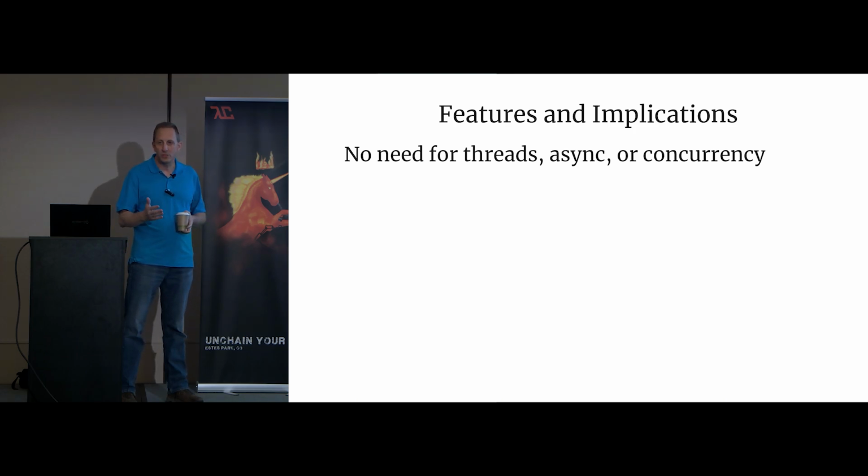And there are no annotations. There's no deadlock, no semaphores, no mutexes. None of the garbage of async stuff or threads or concurrency is needed. The graph just gets reduced, and it all happens automatically. Your cores stay going as much as possible, and it just cranks along.